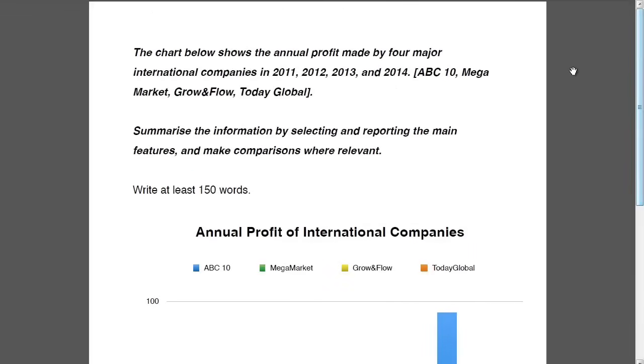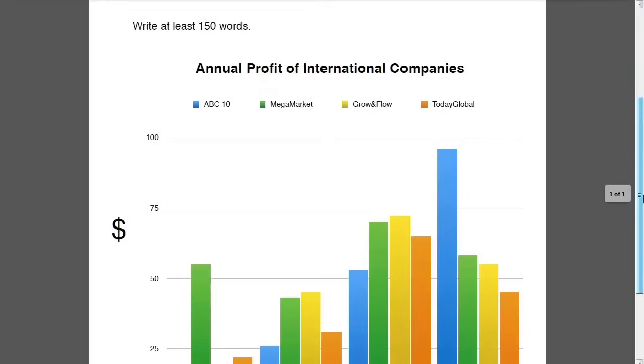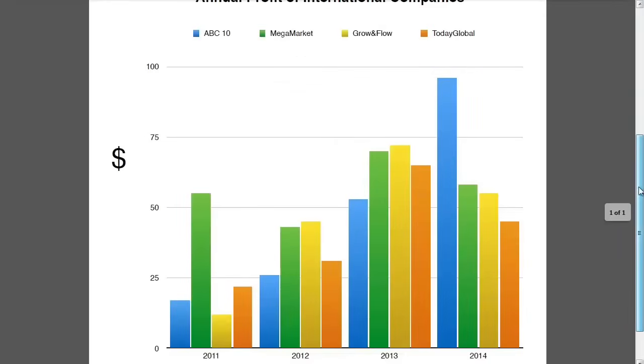And let's read the topic a little bit to remember it. The chart below shows the annual profit made by 4 major international companies in 2011, 2012, 2013 and 2014. And then we have the names of the companies, which are represented here with colors.